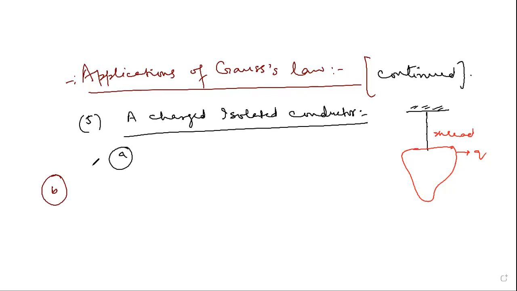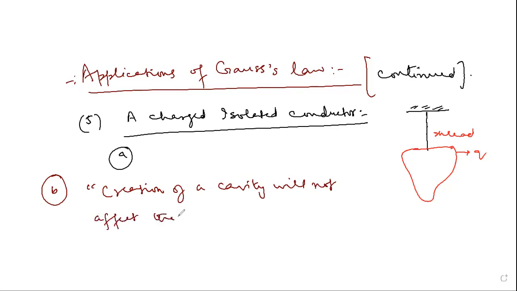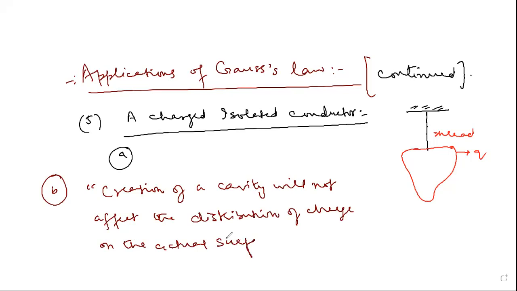The second result I will put like this: creation of a cavity will not affect the distribution of charge on the actual surface of the conductor, right?